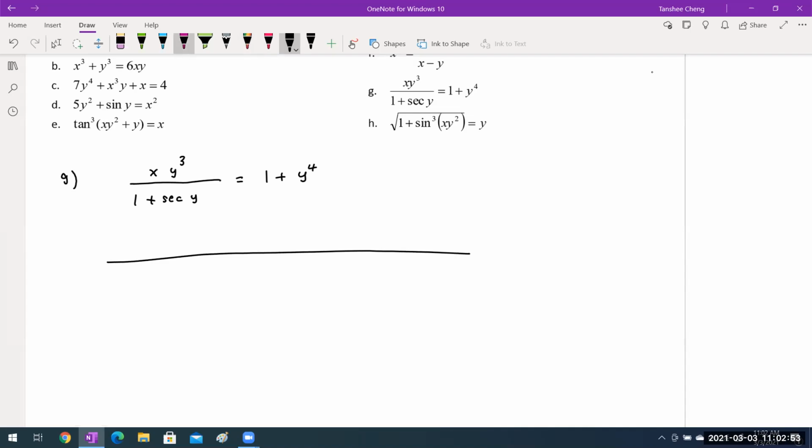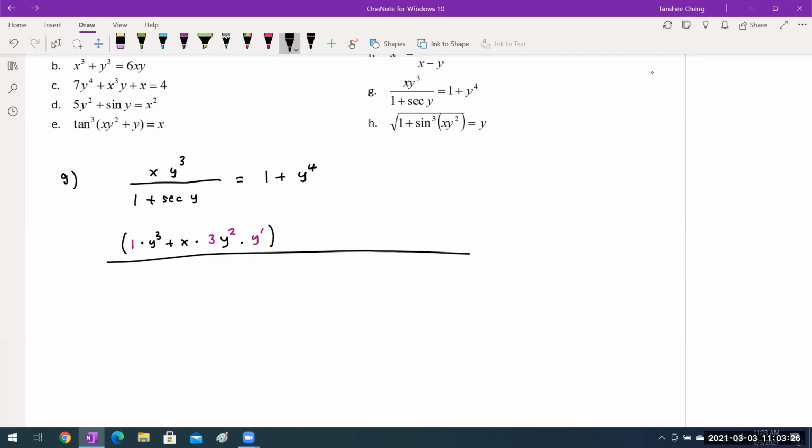So derivative of the first term will be 1, right, times y to the third power, and then plus the first factor times the derivative of y to the third power with respect to x. So we'll take care of the power first, which is going to be 3y squared, right? And then taking derivative of the inner function, which is y, that will become what? Y prime.